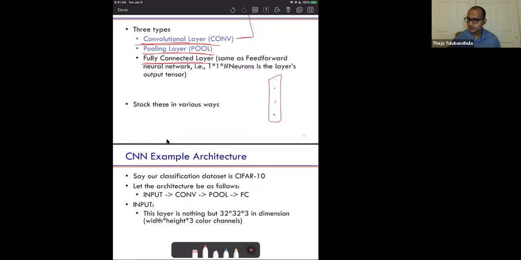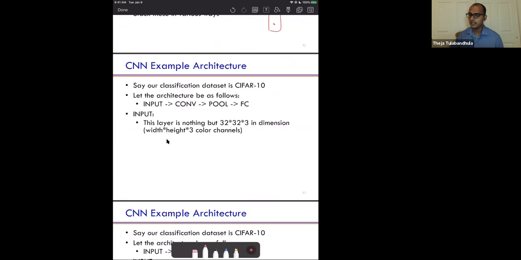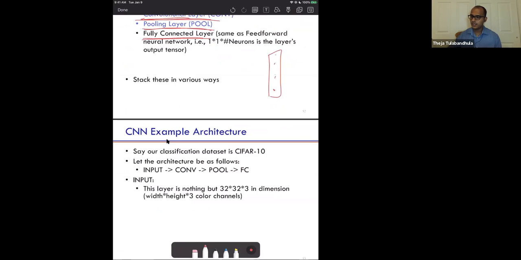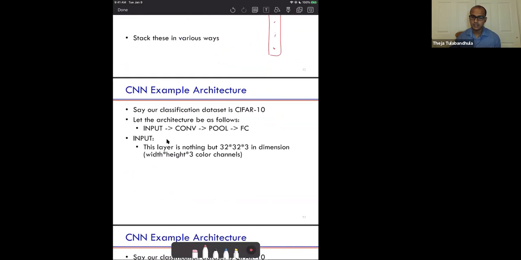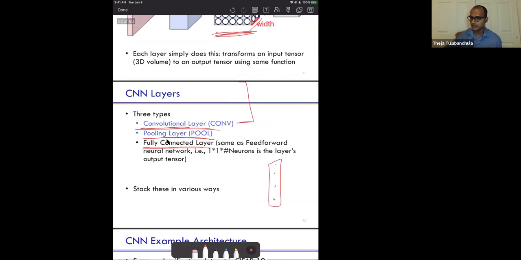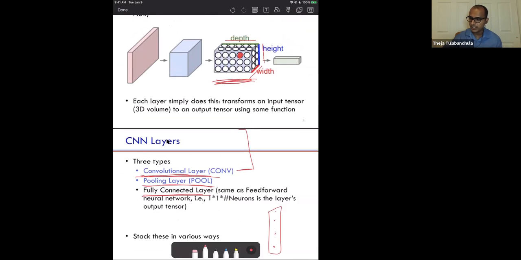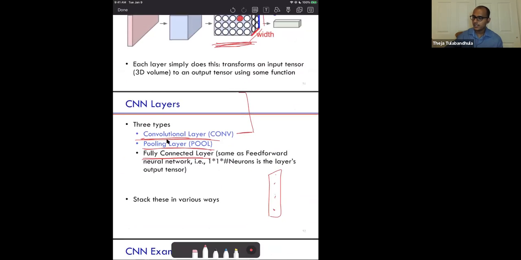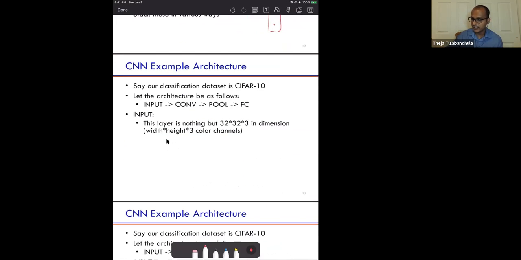So before I get into the neuron description, how is this neuron computing its output? Let me just look at the layer a little bit more. So let's say our data set is actually CIFAR10. Then here is an example architecture or an example function, okay, model. Input to first, let's have a conv layer. Next, let's have a pooling layer.